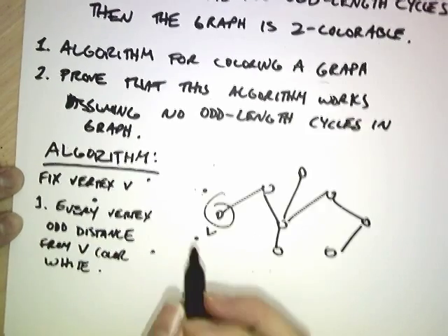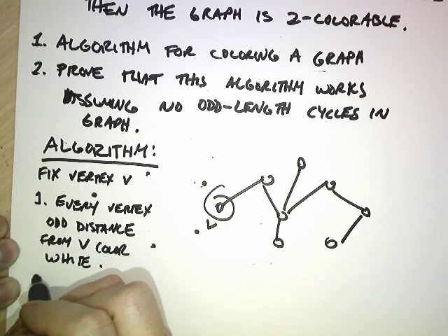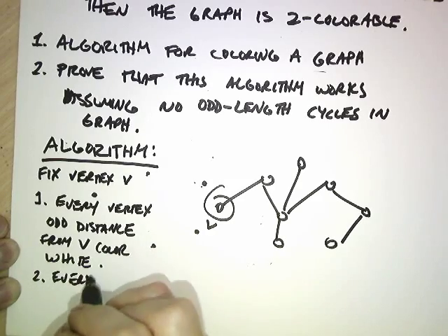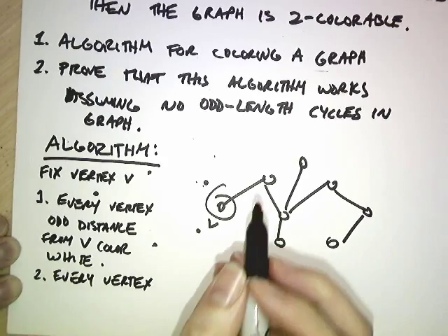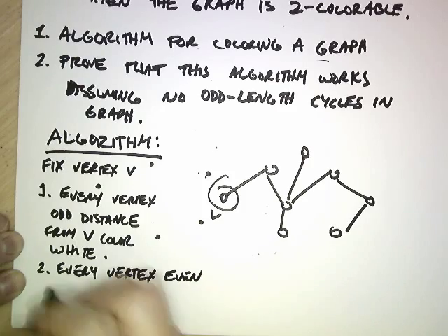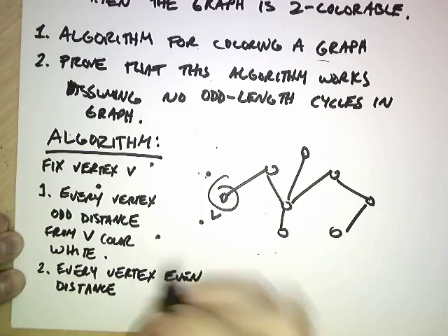Okay, so every vertex that's an odd distance from v will color white. I'll tell you about distance in a second. And every vertex that has even distance will color black.